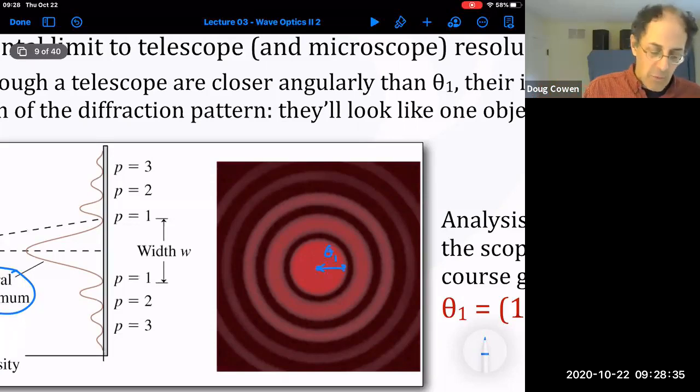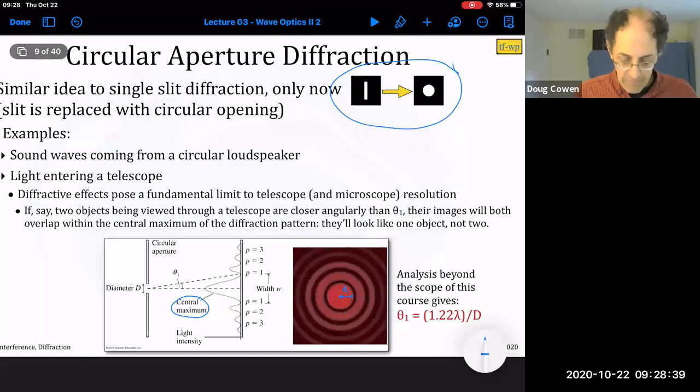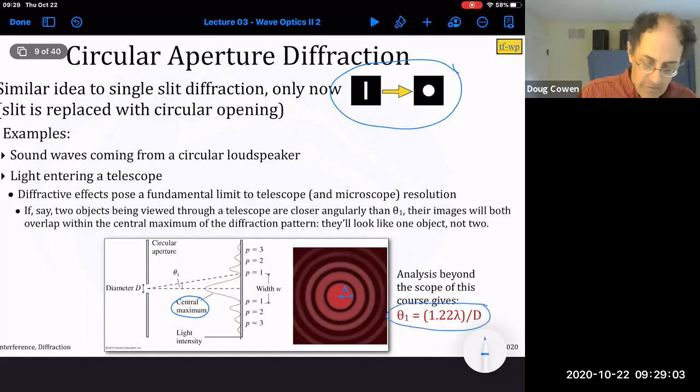And so what you want is for your objects to be farther apart than that θ1 in order to be able to distinguish one from the other. Conversely, if you want to make that θ1 as small as possible, then what you need to do is make your aperture as large as possible.